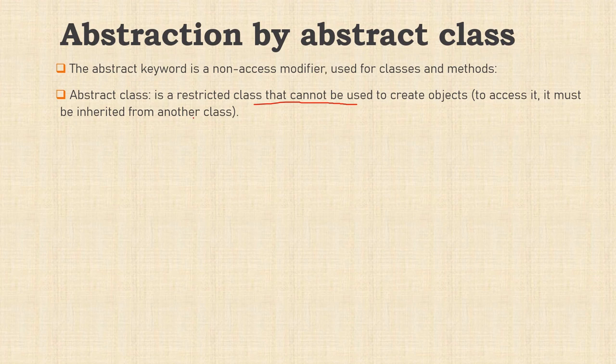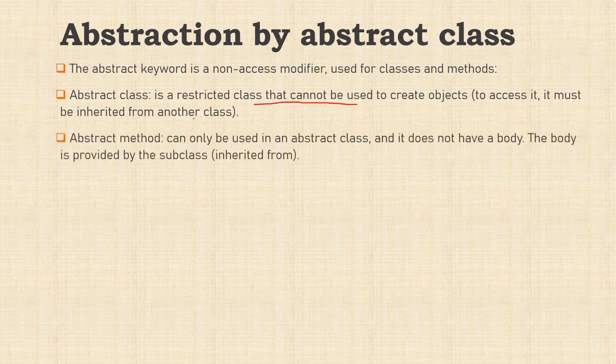If you want to get the object of class A, then you have to extend class A in class B, and then you can create the object of class B and access the methods which are inside class A.